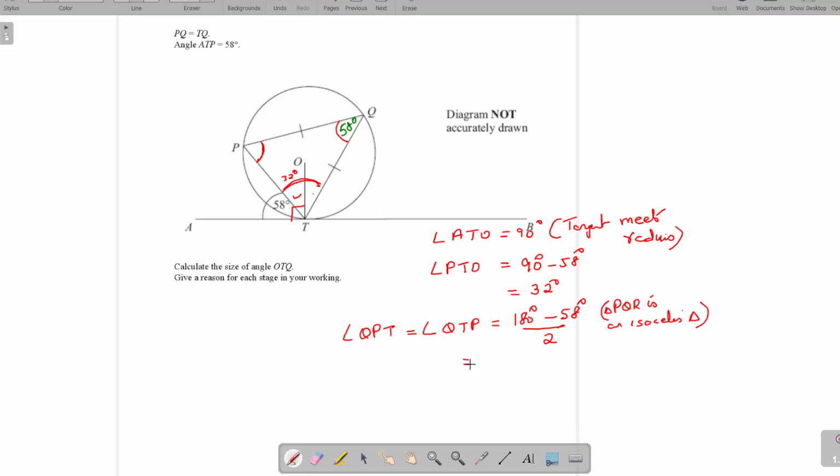So that is 122 divided by 2, which is 61. So we know this is 61, this is 61, this is 61, we know this is 32.